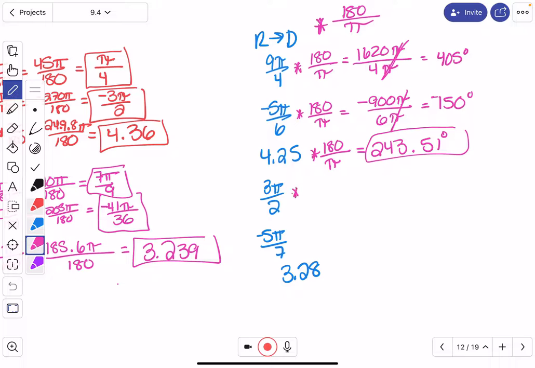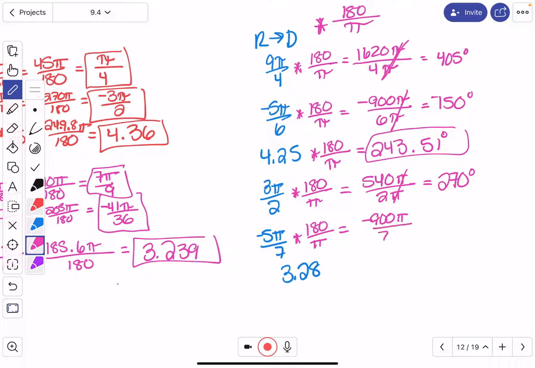All right, so times 180 over pi. We get 540 pi over 2 pi. Pi's cancel. 540 divided by 2 is 270. Times 180 over pi. We get negative 900 pi over 7 pi. The pi's cancel.